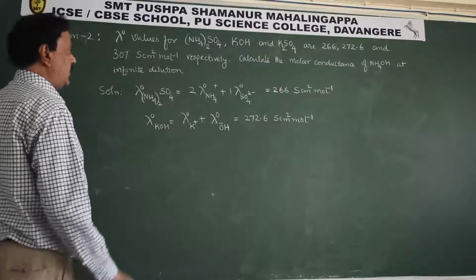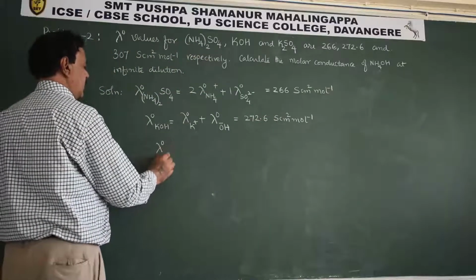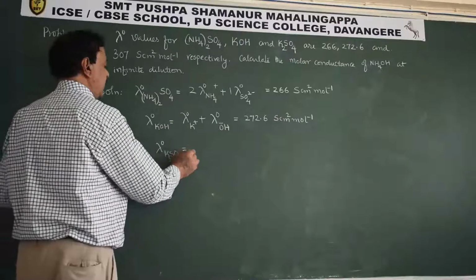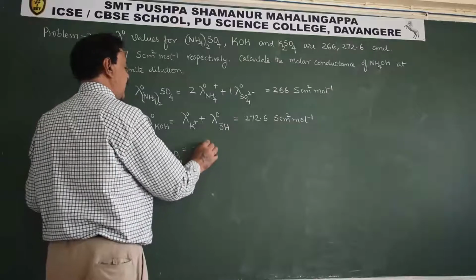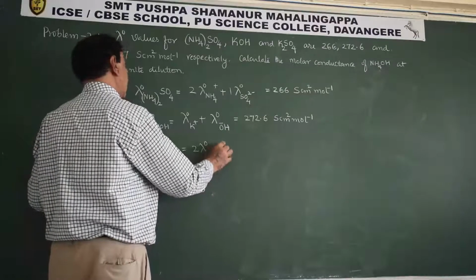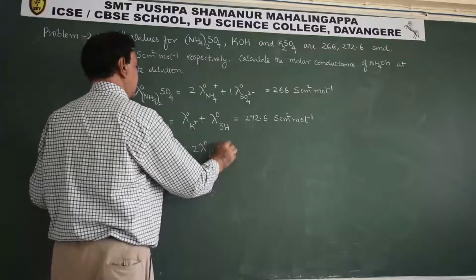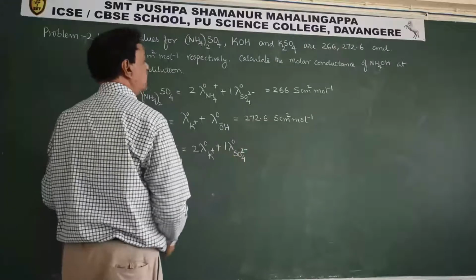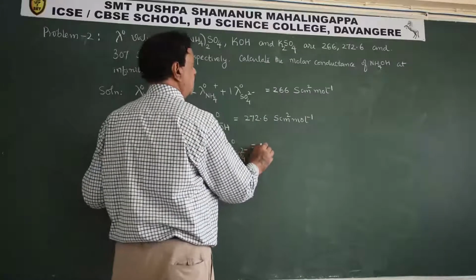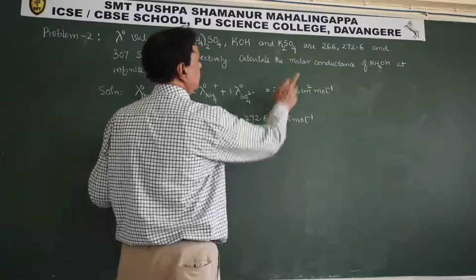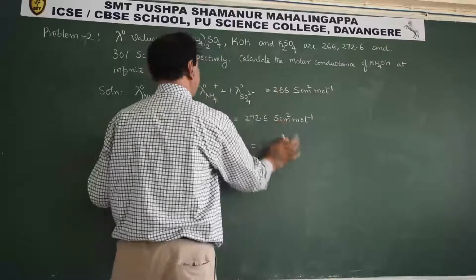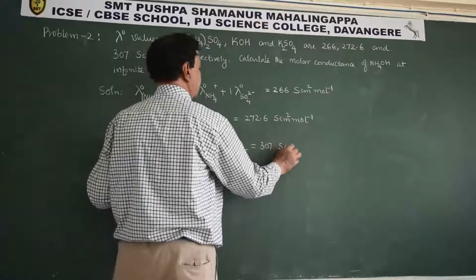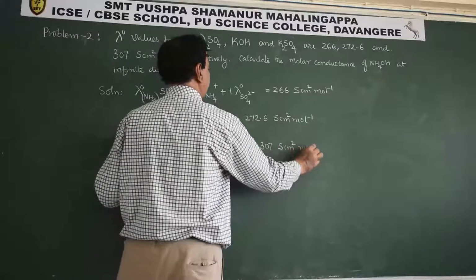And lambda naught of K2SO4 is 2 times lambda naught of K plus plus 1 time lambda naught of SO4 2 minus, and its value is 307 Siemens square centimeter per mole.